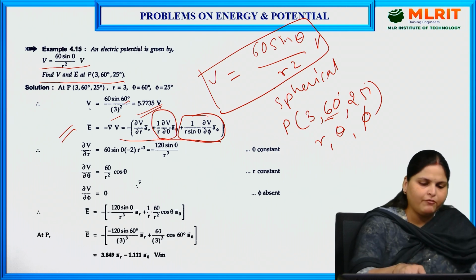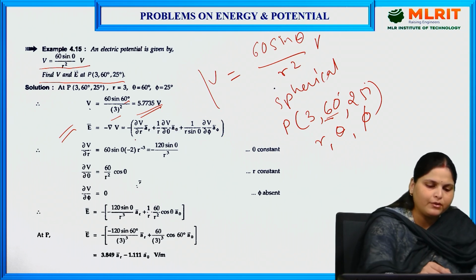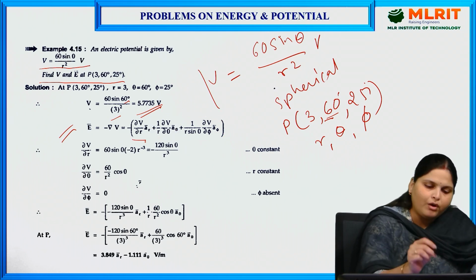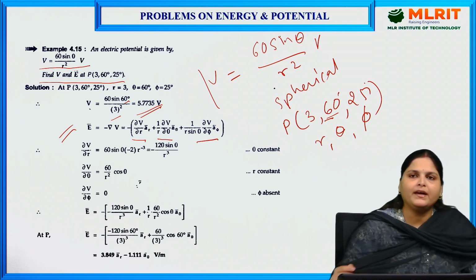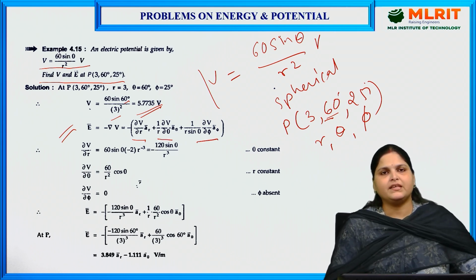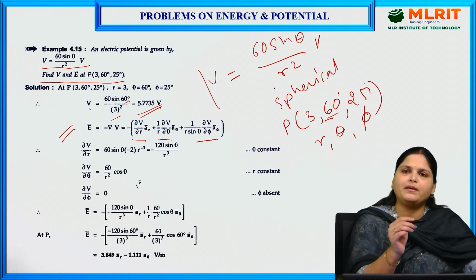Now, here what all we have to calculate? We have to calculate dou V by dou R, dou V by dou theta and dou V by dou phi. These three things we have to calculate, so one by one we will calculate.